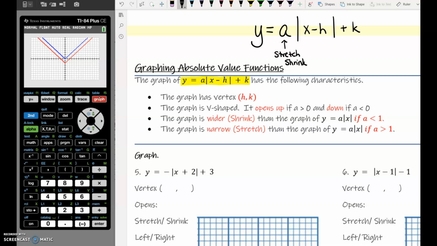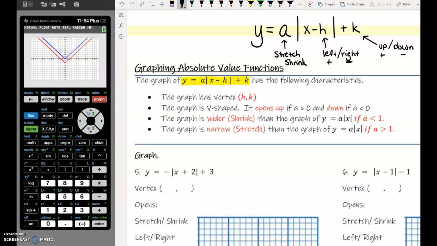The minus h is left or right. So I'm going to say left, right, and left was plus, right was minus, because horizontal movement is backwards. And then the plus k tells you if you are moving up or down.